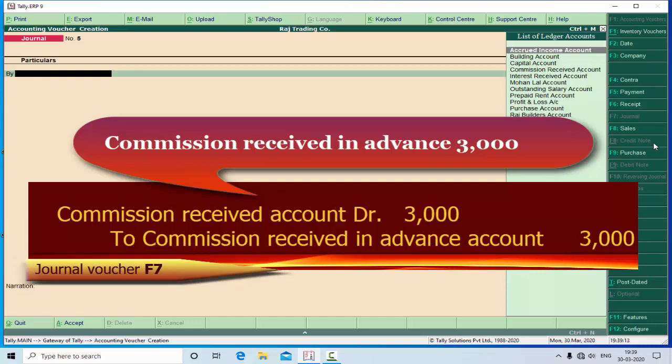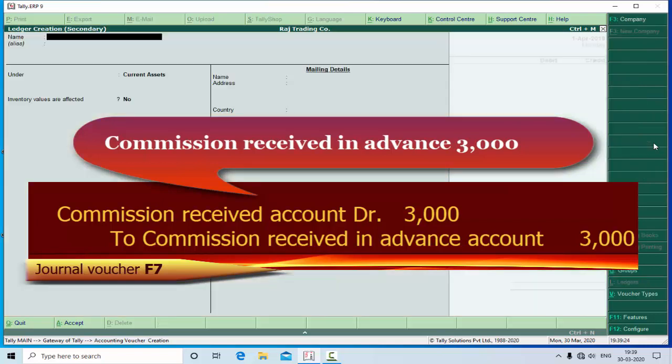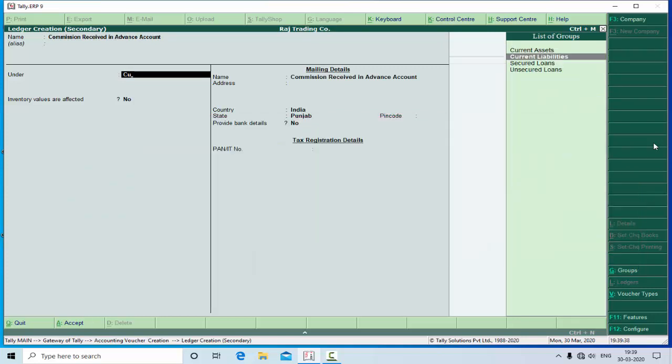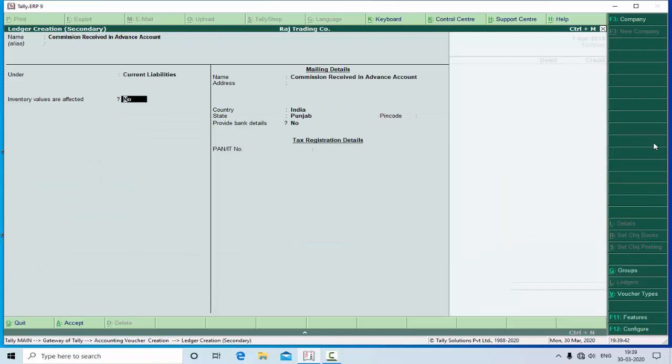Commission received in advance will be credited, so create the commission received in advance account. Any income received in advance is created like this, and it is covered under current liability.